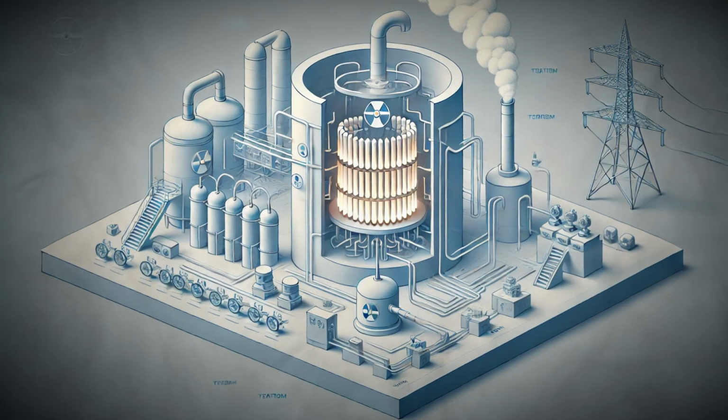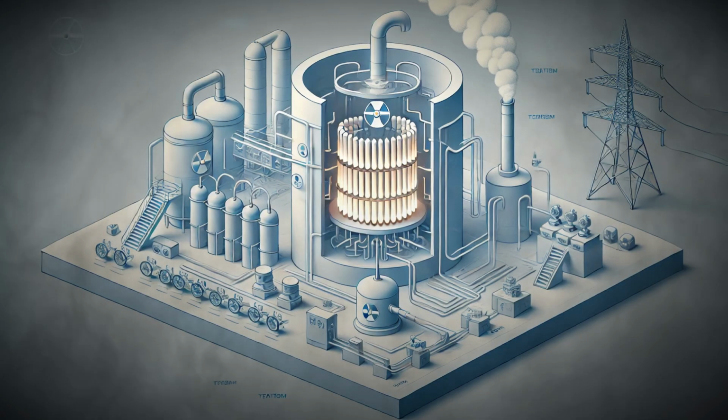This design is simpler, but means that the steam passing through the turbine is radioactive, requiring additional shielding and precautions. Regardless of the type, the role of the coolant system is always the same: transfer heat efficiently and safely.